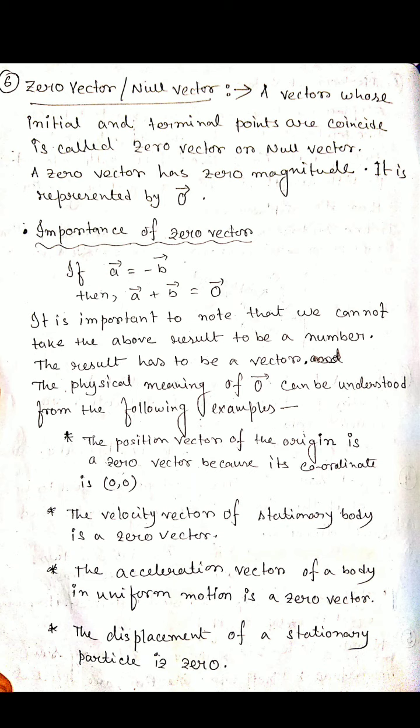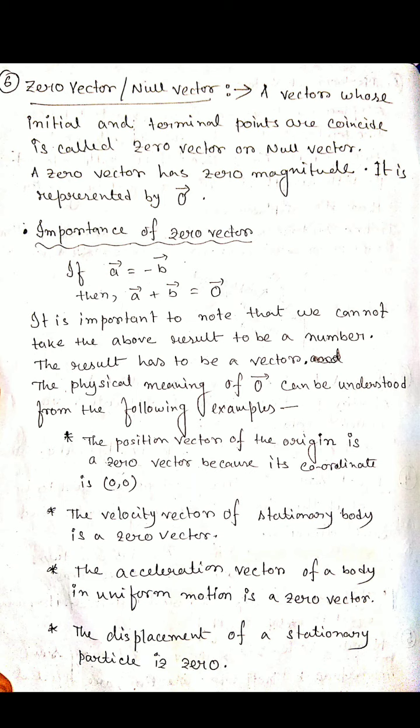Now the meaning of this 0 vector can be understood from the following examples. The position vector, that means the straight line between the origin and that point. So the position vector at the point of origin is a 0 vector, because at the origin its coordinates are 0, 0.